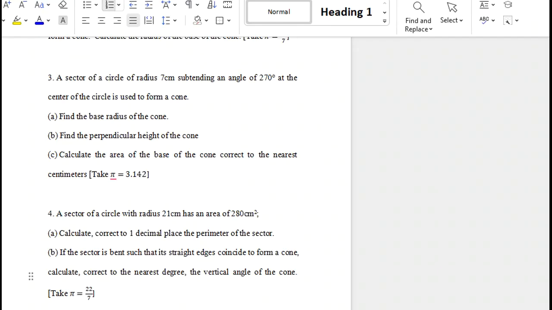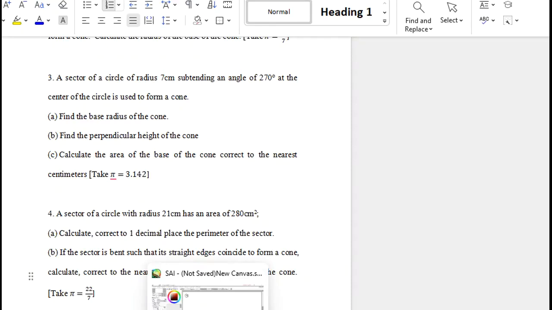In this case, part B is saying that we will need to change this sector to a cone.